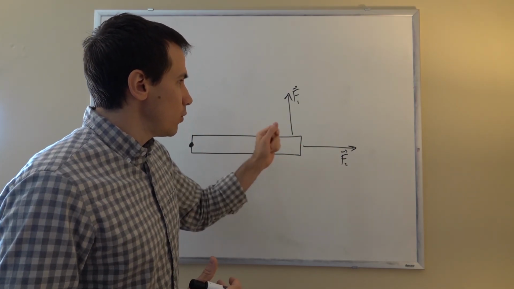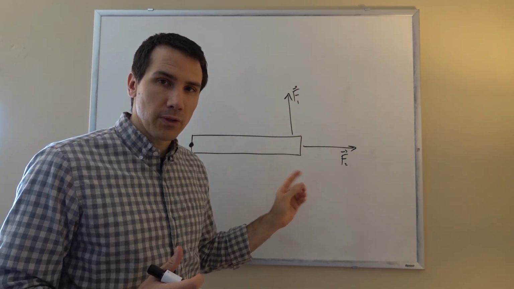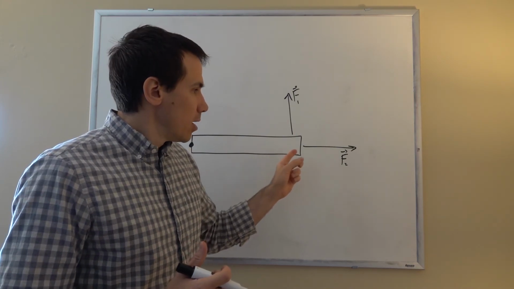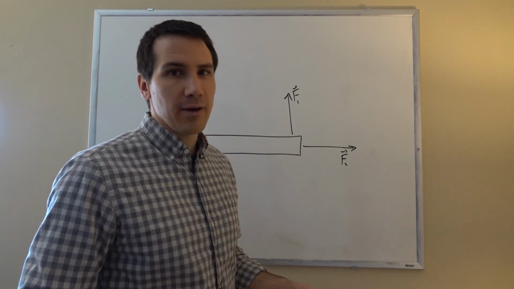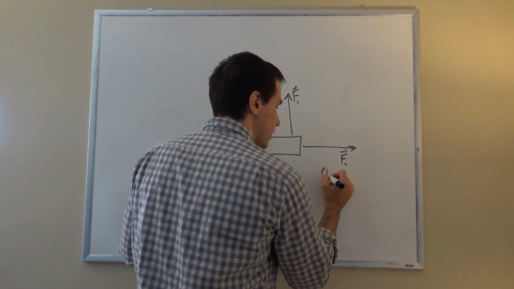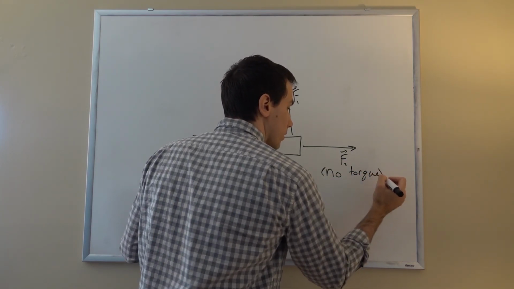So if you push this way on a door or you pull on a door handle, you can get the door to rotate. But if you try to pull directly outward on the door, you will not have such great luck. So this force appears to give no torque.